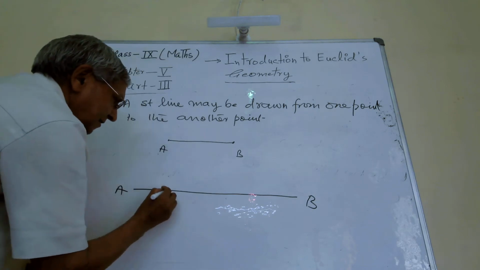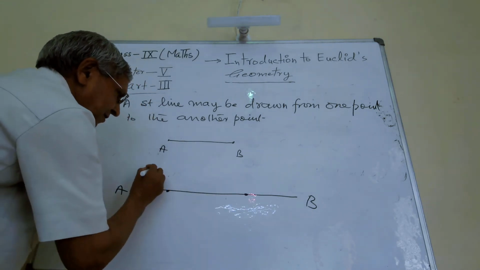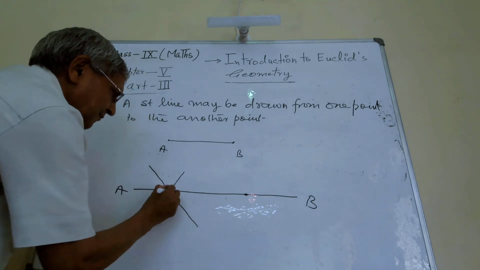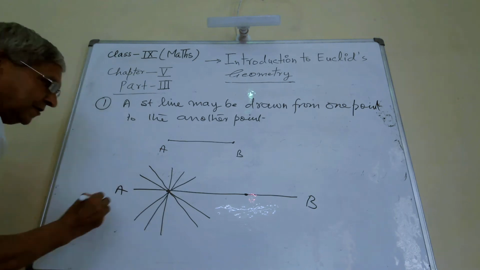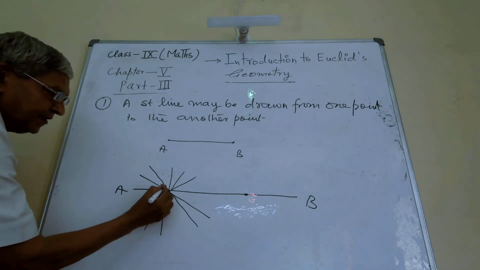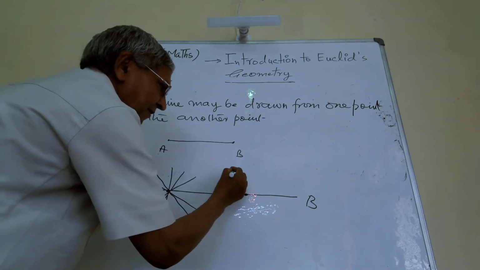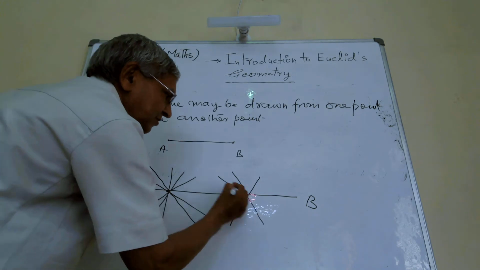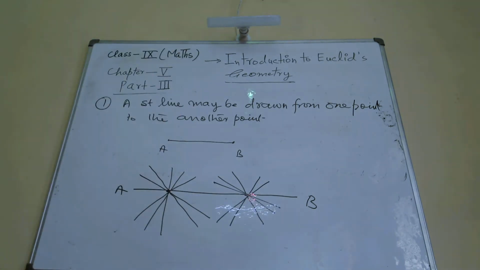AB is a line, and this is a point. From this point, many lines can be drawn as you like. Like this, from another point here, so many lines can be drawn.